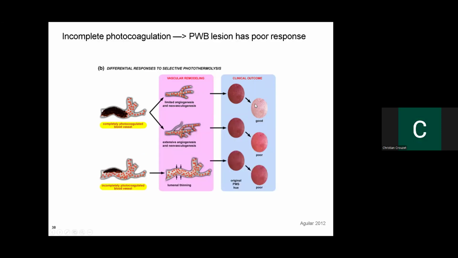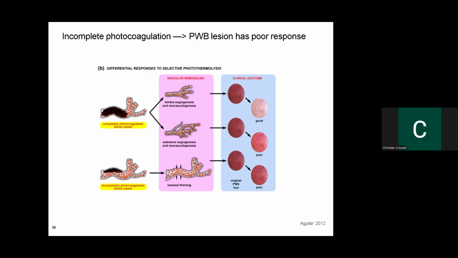So what happens when you don't completely coagulate the blood vessel and it's not a good clinical outcome? The vasculature can still be very dense, you can have additional angiogenesis, and you do not have skin lightening with the port wine birthmark.